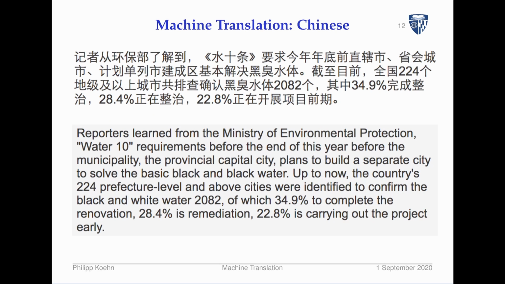It's very hard to say what exactly the details are. Like it's not entirely clear what the percentages really refer to. Maybe it means that the first one highly suggests that 35% of the projects are completed, but others seem to be in various stages. But this 2082 is completely unclear. So that's a translation from Chinese.